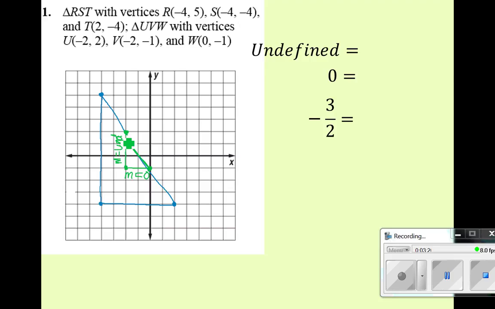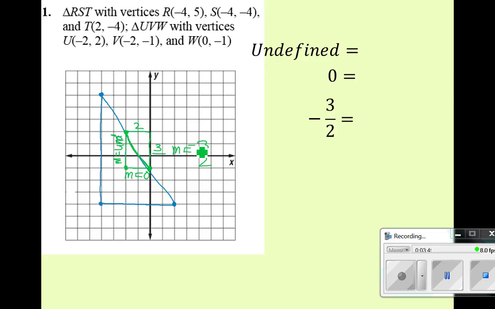So I'm seeing that so far it's the same as the other triangle. And now I just have to do this part right here. So I would go up 1, 2, 3, over 1, 2. So m equals 3 over 2, and it is negative.